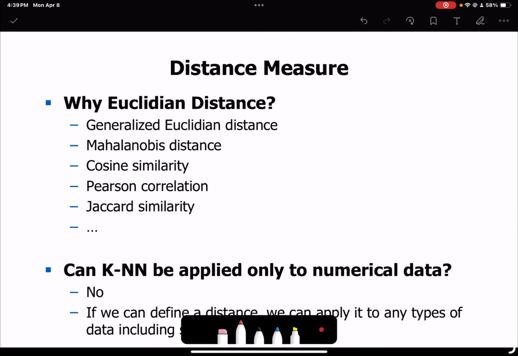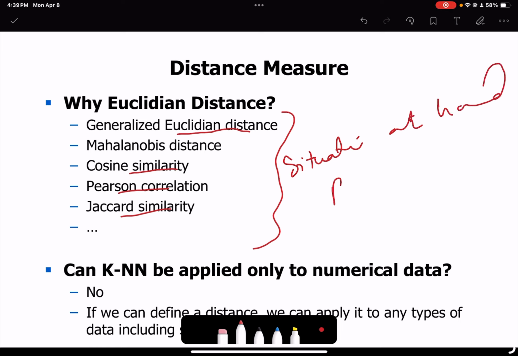So we can use a generalized Euclidean distance that we have studied, cosine similarity, Pearson correlation, Jaccard similarity. All of these can be applied depending on the situation at hand or the problem domain.